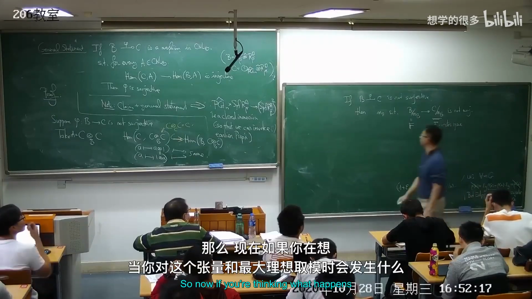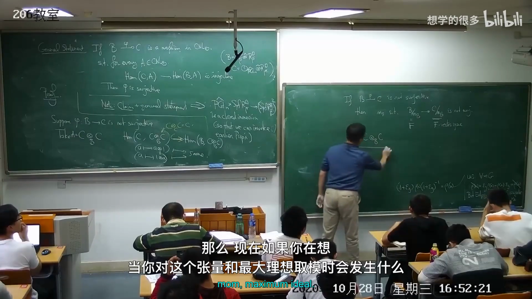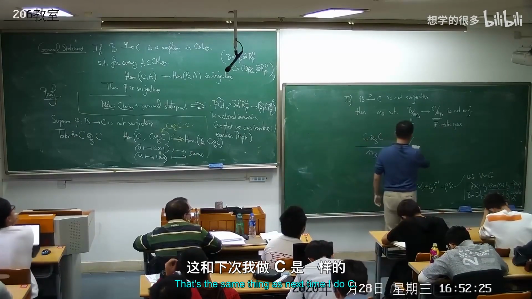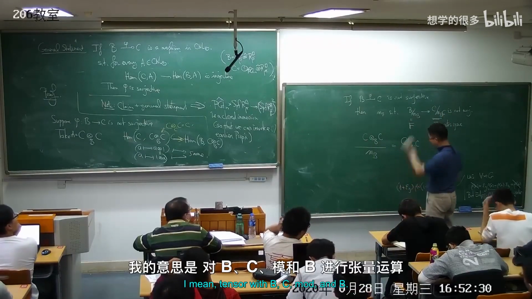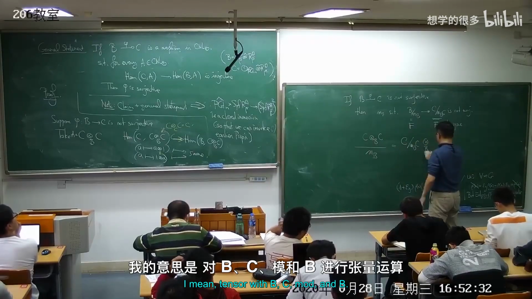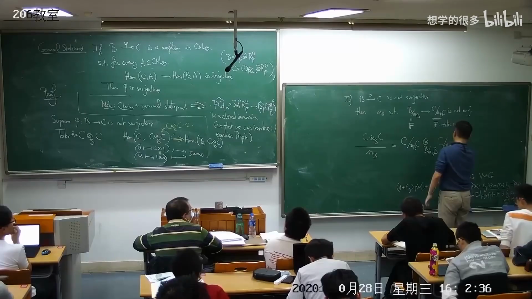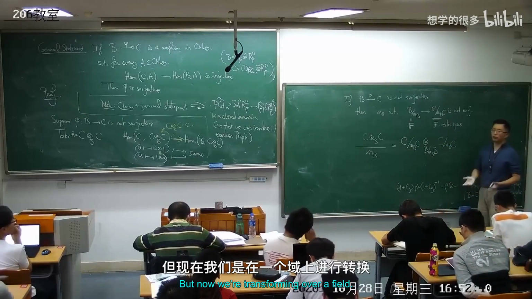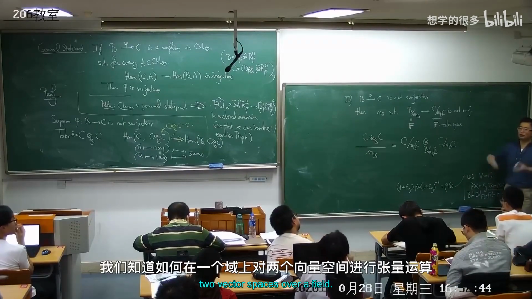Now, if you think of what happens when you do this tensor mod maximal ideal, that's the same thing as C mod maximal ideal tensored with B. But now we're tensoring over a field. We know how to tensor two vector spaces over a field.